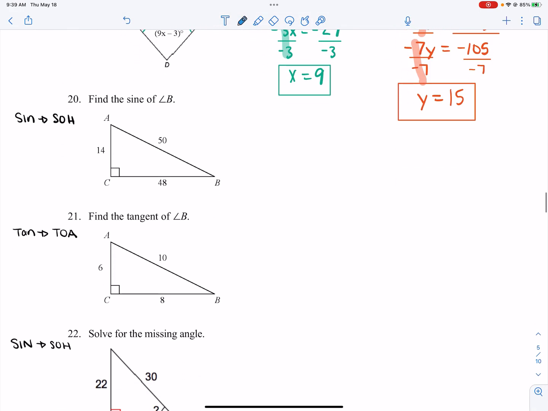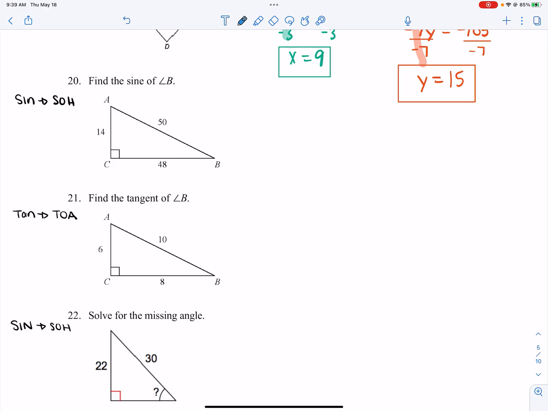All right, number 20. This is where we get to the trig stuff. Find the sine of angle B. Angle B, so that's this one down here. So remember, sine is equal to opposite over the hypotenuse.